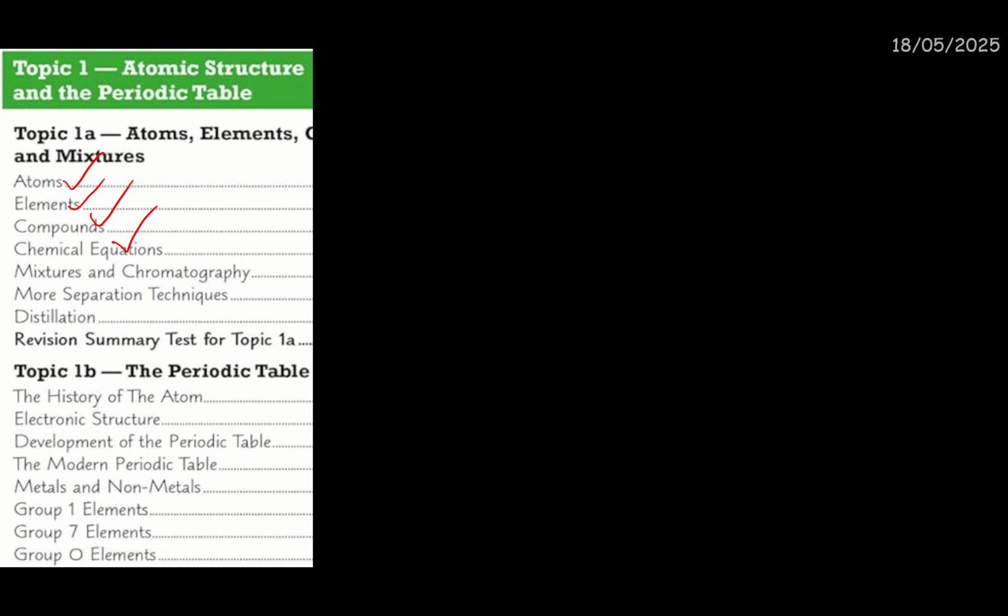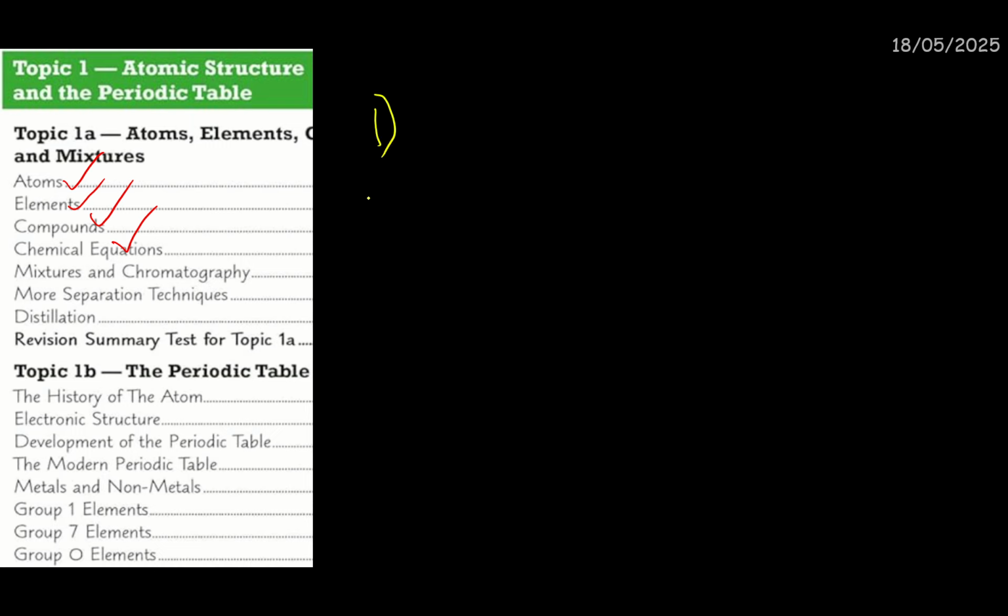But what you do need to know is how the atomic model was developed. So let's have a bit of a look at how we know the atom today. So the atomic model has 4 main phases.